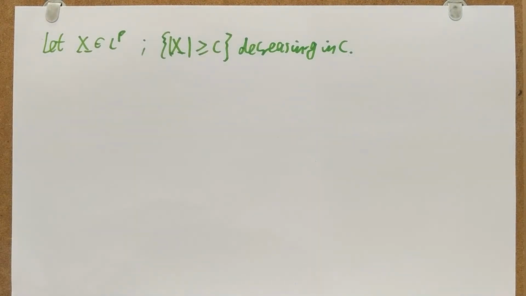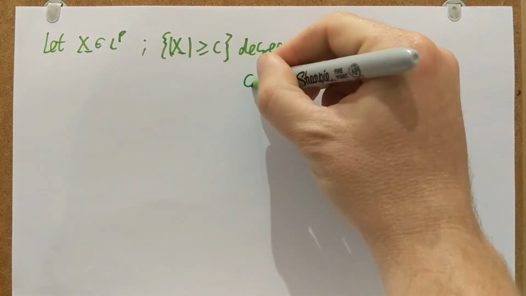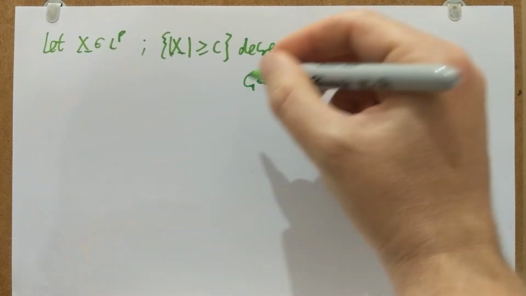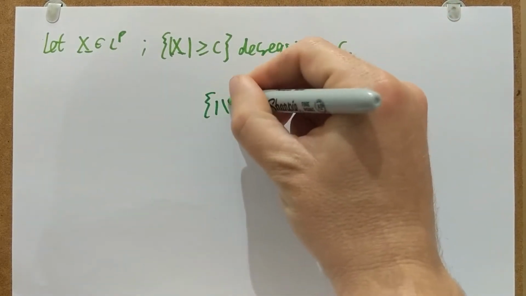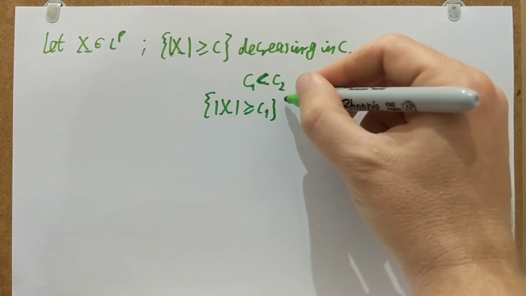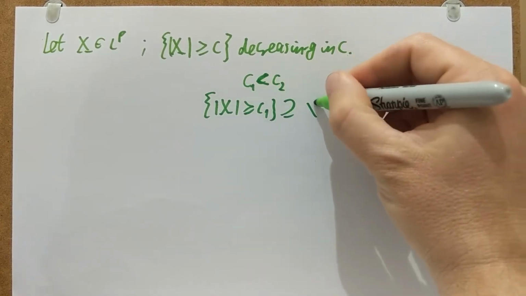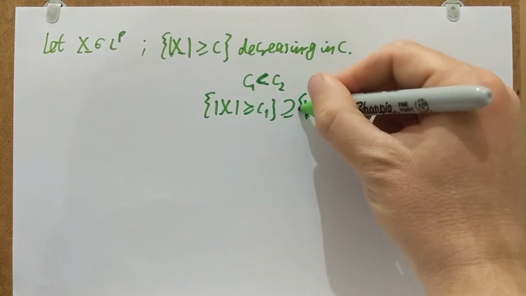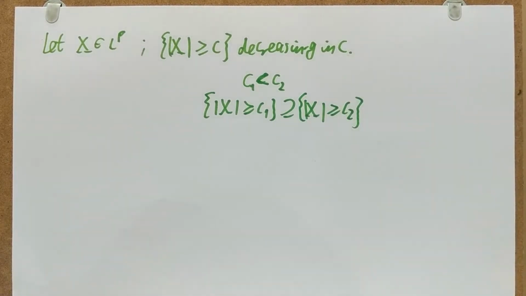If I have c1 smaller than c2, then |X| ≥ c1 is easier to achieve than |X| ≥ c2. This is trivial. If |X| is larger than c2, then it's also larger than c1.